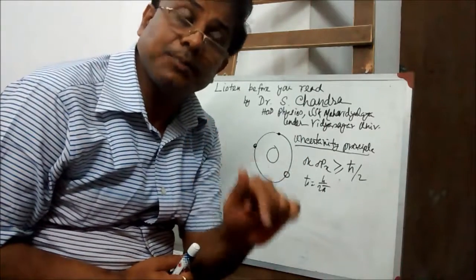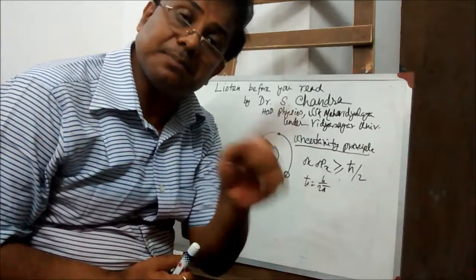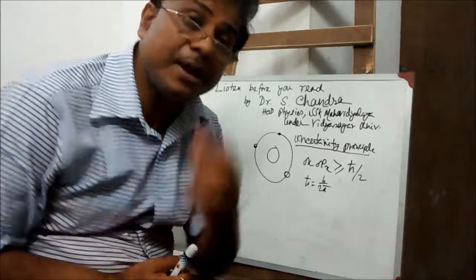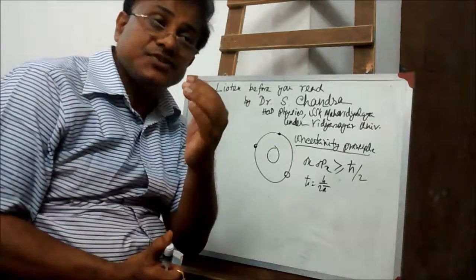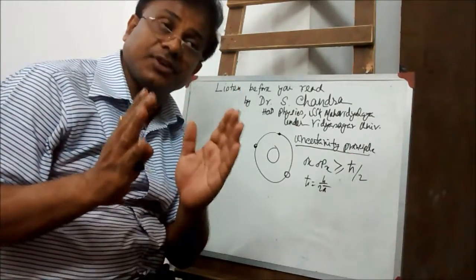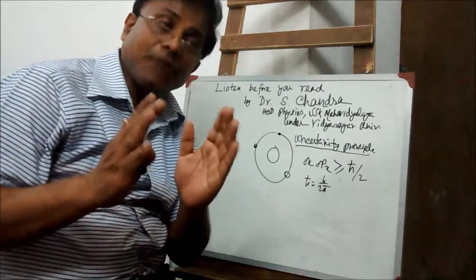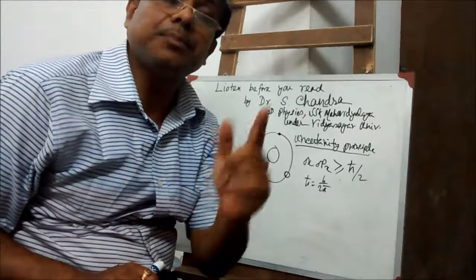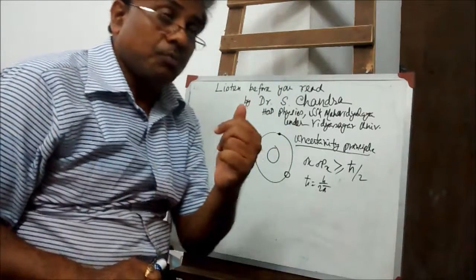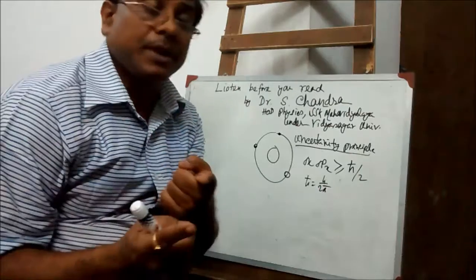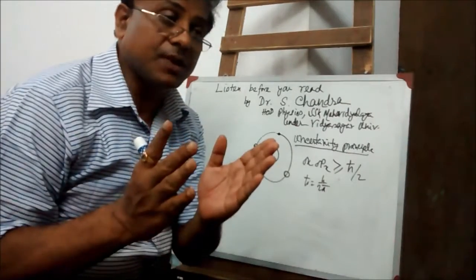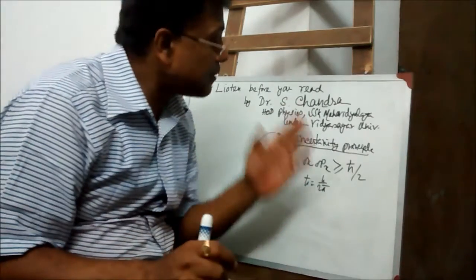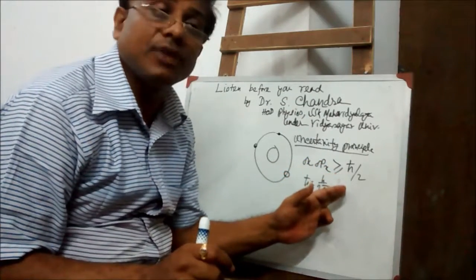If you can locate the position, then there must be an error in measuring the momentum. And if you can measure the momentum at its true value, then definitely there is an error in locating the position. So you cannot measure both position and momentum accurately and simultaneously, and that error is greater than or equal to h-bar by 2.